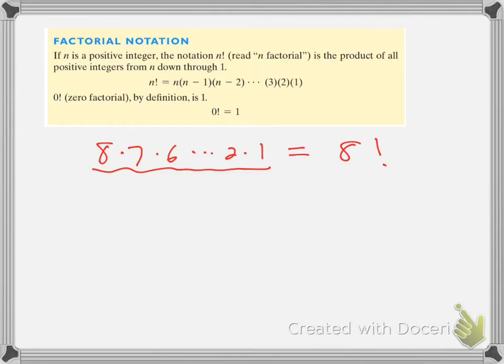So if I'm doing 8 factorial, it would be 8 times 8 minus 1, which is 7, times 8 minus 2, which is 6, all the way down till I get to 1. So that means 6 factorial is 6 times 5 times 4 times 3 times 2 times 1, and so on and so forth.